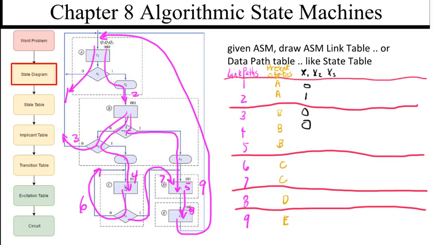For link path 5, it's a value of 1. So X2 has a value of 0 for link path 3, and for link path 4, it has a value of 1. For link path 5, it's not looked at. And X2 is not looked at up here.